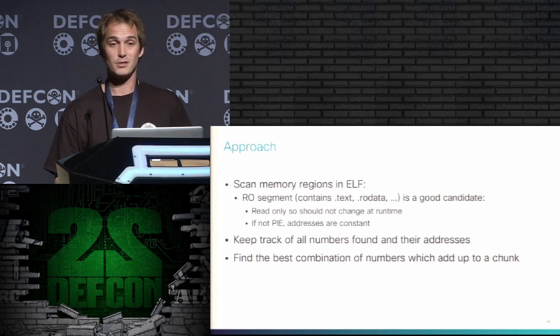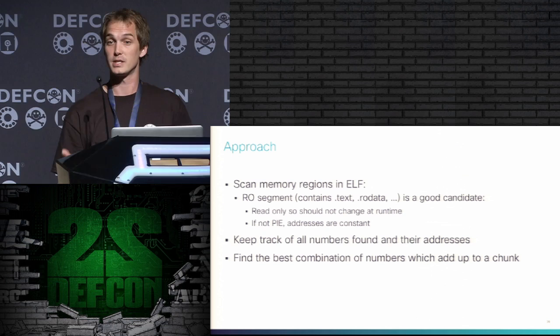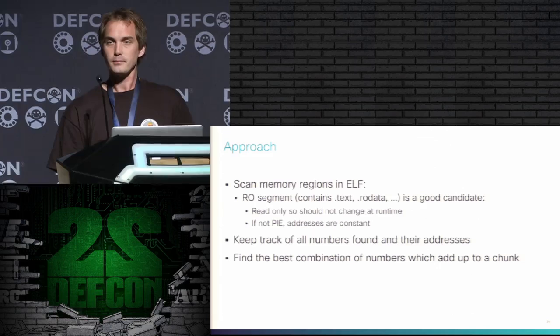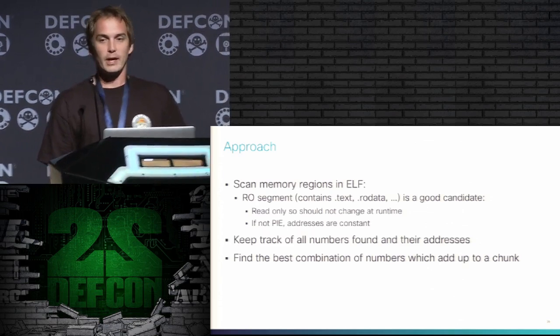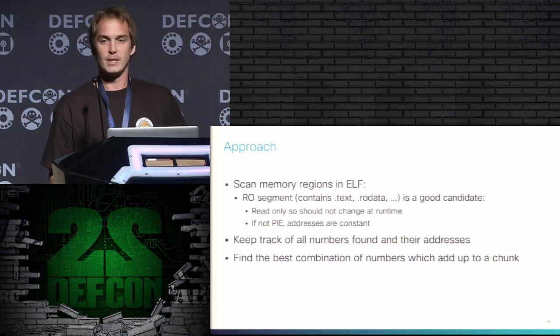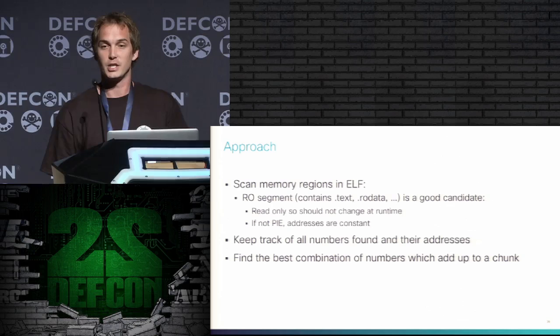Look at the beginning of it, see it as a number, shift it by 1 byte, see it as another number, and shift by 1 byte again. So you scan that whole segment. I decided to look in the read-only segment because obviously you don't want those numbers to change at runtime.